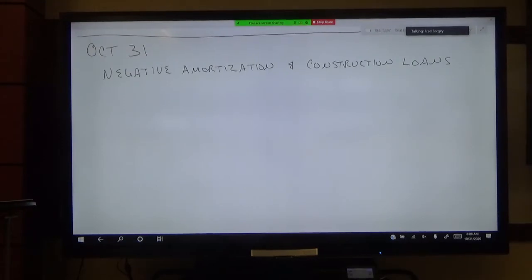Meaning that whenever you complete little bits and pieces of the construction process, in other words, you pour the foundation and get all the concrete work done, then you take your receipts from the contractor that did the concrete work to the lender and say, okay, I need $100,000 to pay that contractor for having done that work.